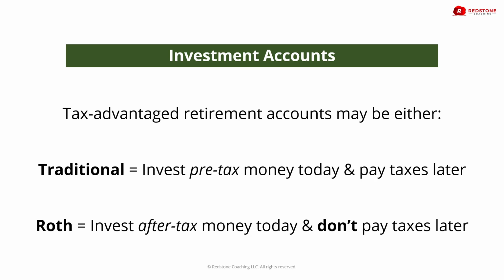A Roth account, whether it's Roth IRA or Roth 401k or Roth 403b, whatever, you're investing after-tax money today, and you're not going to have to pay taxes in the future. So that is the difference between traditional and Roth accounts. It's not complex. That is it. Are you using pre-tax money or after-tax money to invest? When are you paying taxes?